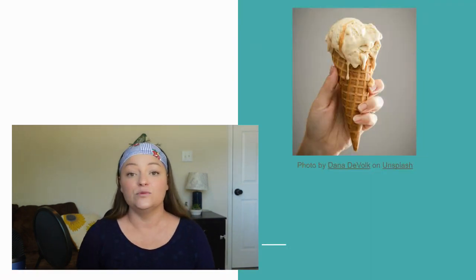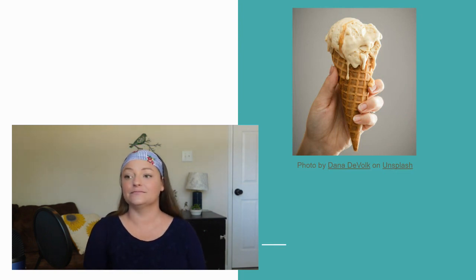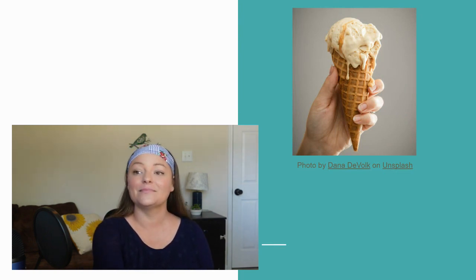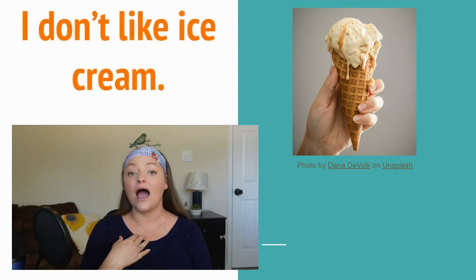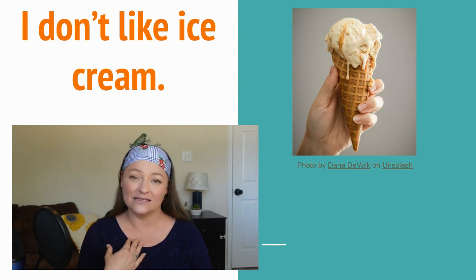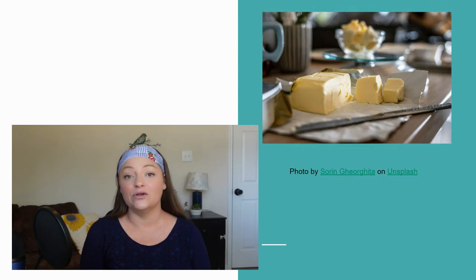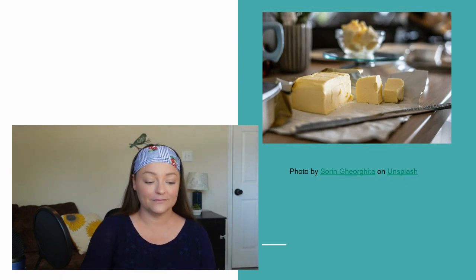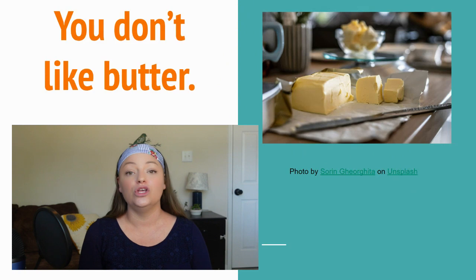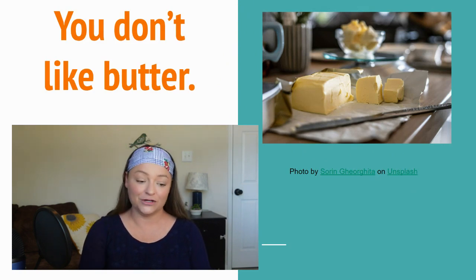You're going to make a sentence with don't and like. I don't like ice cream. Now you make a sentence with you and don't like. You don't like butter.